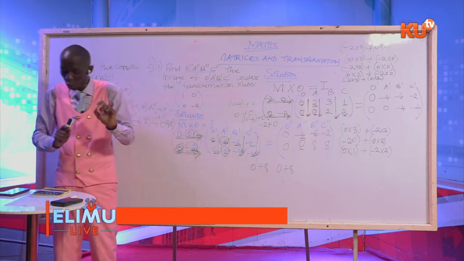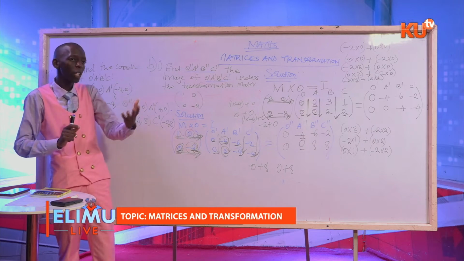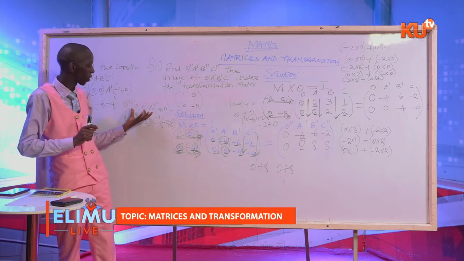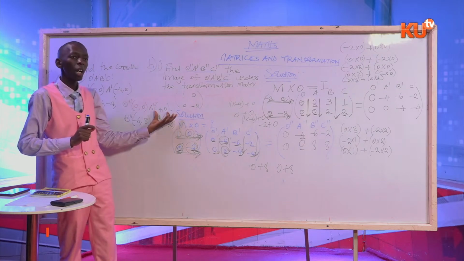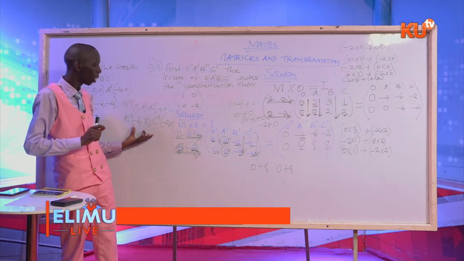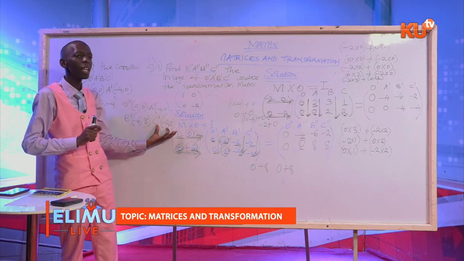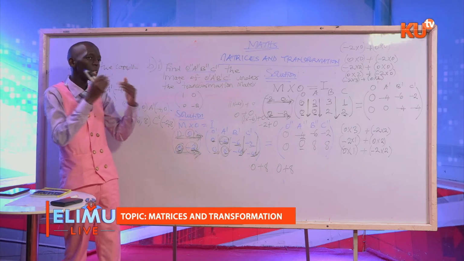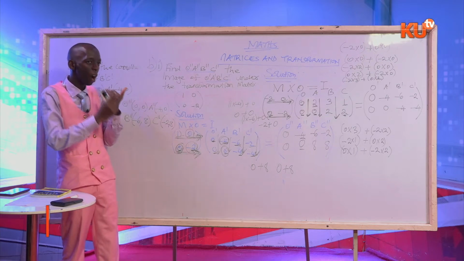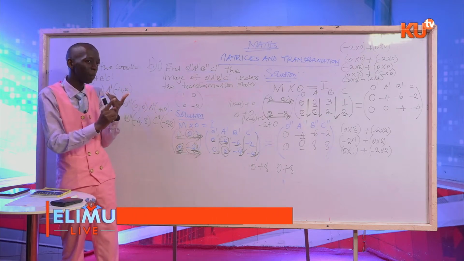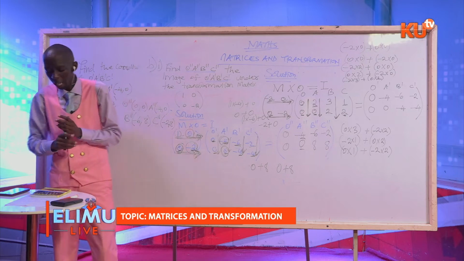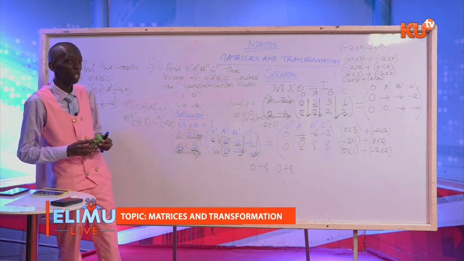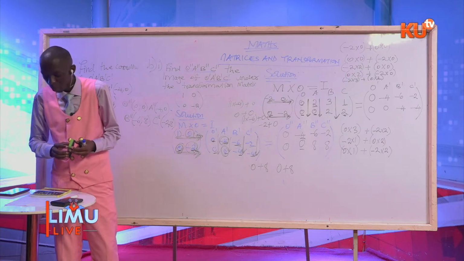Now, the question Roman 2 of B requires you to plot these coordinates on the same grid that you plotted the object and the first image. Plot the second image.